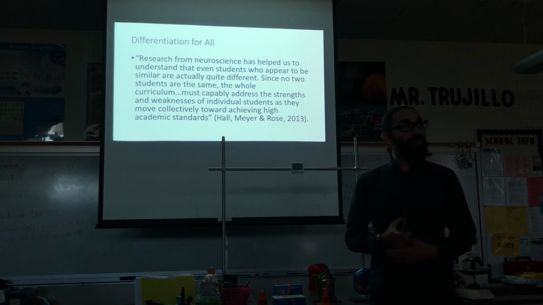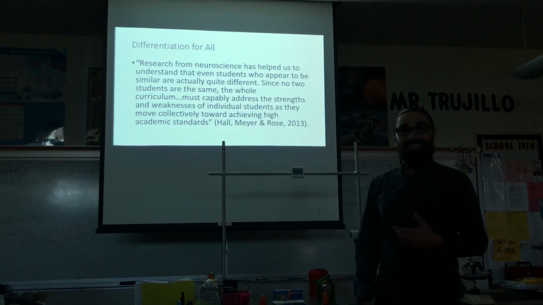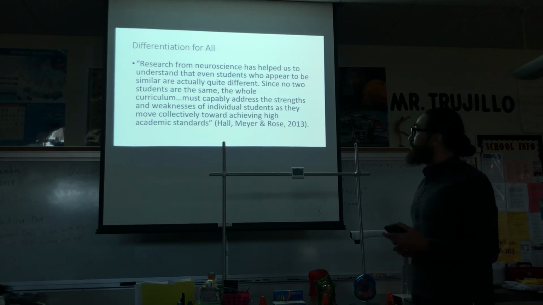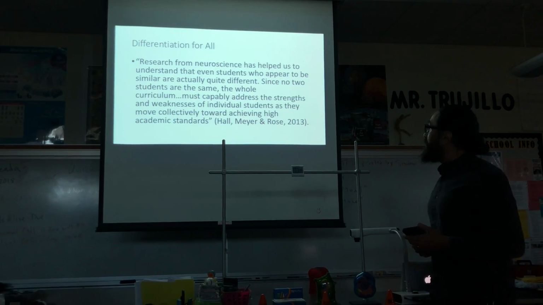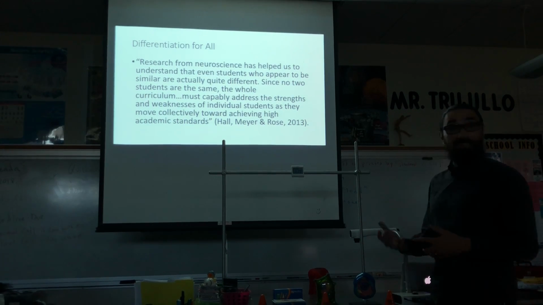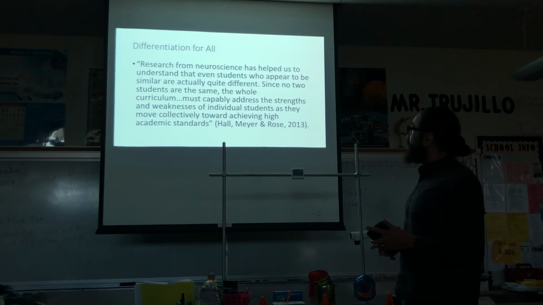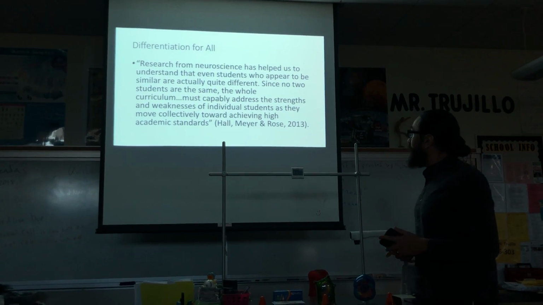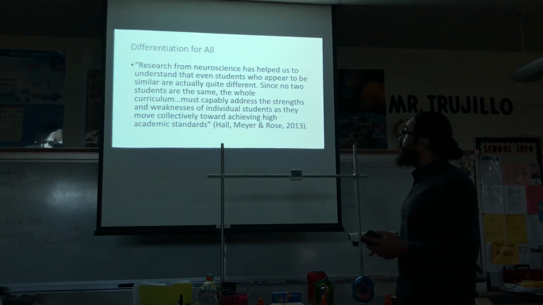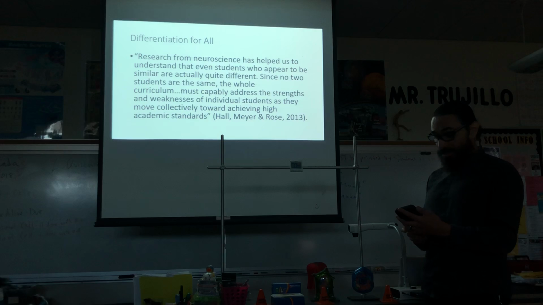And once we remove those barriers, of course, this should naturally lead to differentiation for all students. The UDL textbook states, quote, "Research from neuroscience has helped us to understand that even students who appear to be similar are actually quite different. Since no two students are the same, the whole curriculum must capably address the strengths and weaknesses of individual students as they move collectively toward high achieving standards."